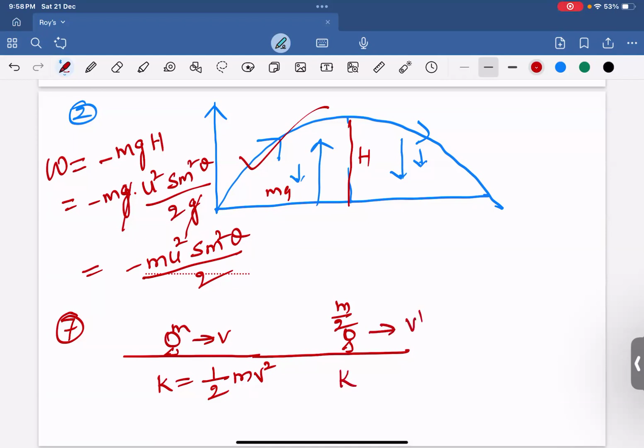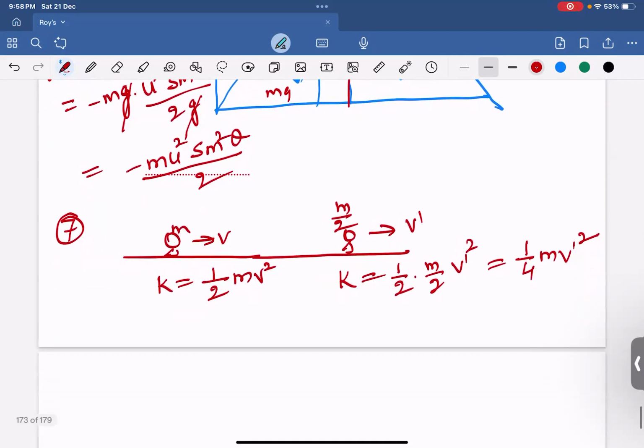So his kinetic energy will be 1 half, mass is m by 2, v dash square. That means actually it is 1 by 4 m v dash square. And it is given that the kinetic energy of the man is half of the kinetic energy of the boy.